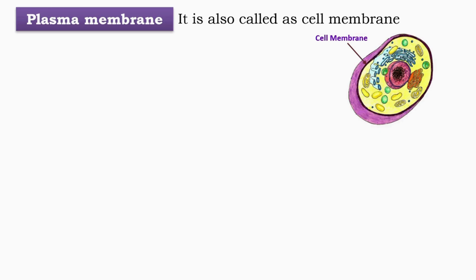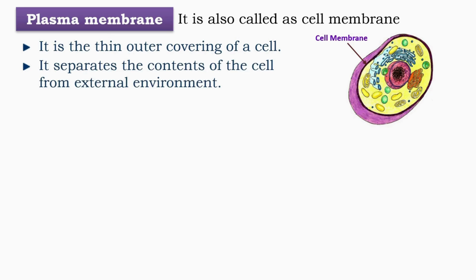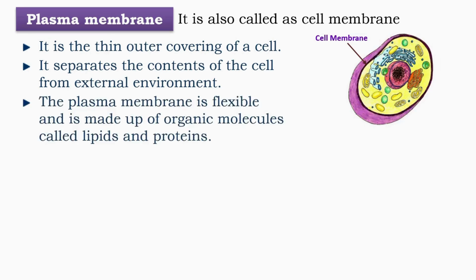Plasma membrane. It is also called as cell membrane. It is the thin outer covering of a cell. It separates the contents of the cell from external environment. The plasma membrane is flexible and is made up of organic molecules called lipids and proteins.